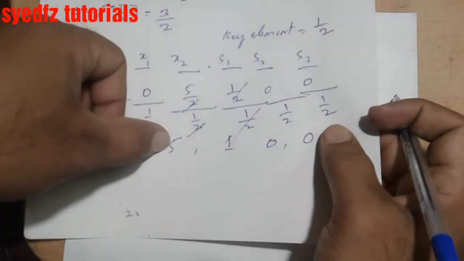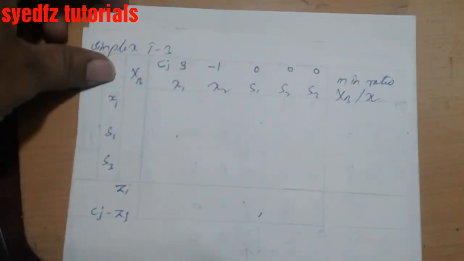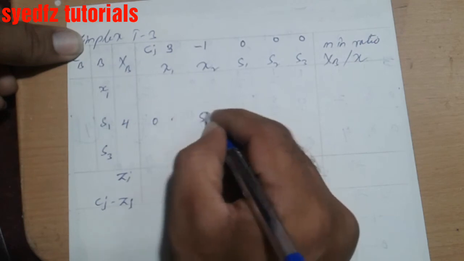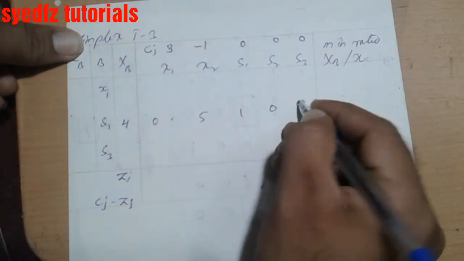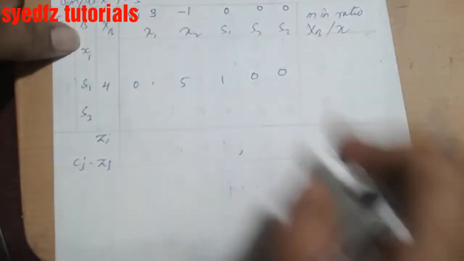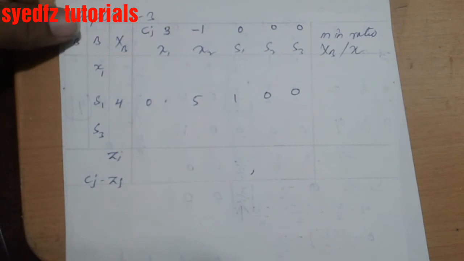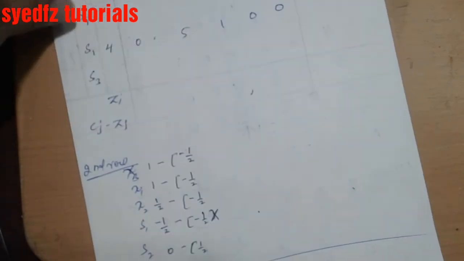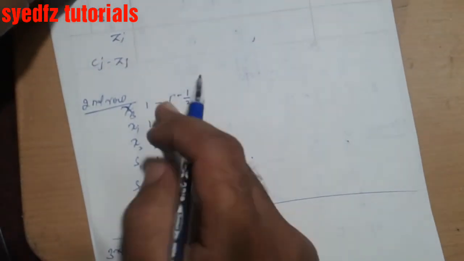The new row we have already created: 4, 0, 5, 1, 0, 0. For S1: 4, 0, 5, 1, 0 and 0. This is what we got from the key element division. So we got the new row. Now we have to calculate the other row. First write the old values, then the key column.